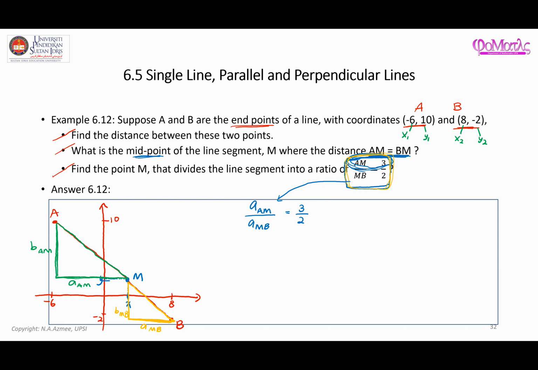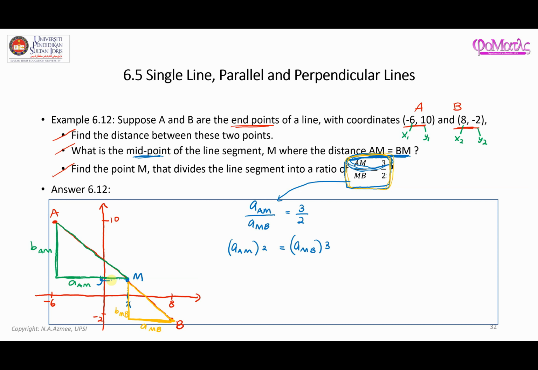So next, I can rearrange this equation, and it will become A for AM times 2 is equal to A for MB times 3. So what is A for AM?